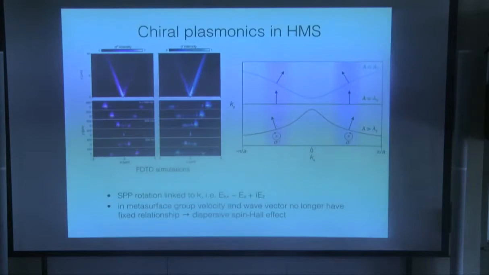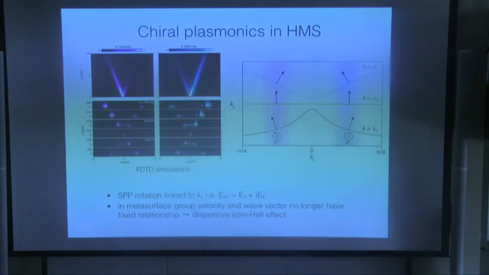So what's going on here? Well, for starters, we do fully reproduce this effect in FDTD simulations. Essentially, similar to other systems, you have a rotation of the electric field that's linked to K. For instance, a surface plasmon with positive Kx will have some electric field rotation of Ex plus iEz.